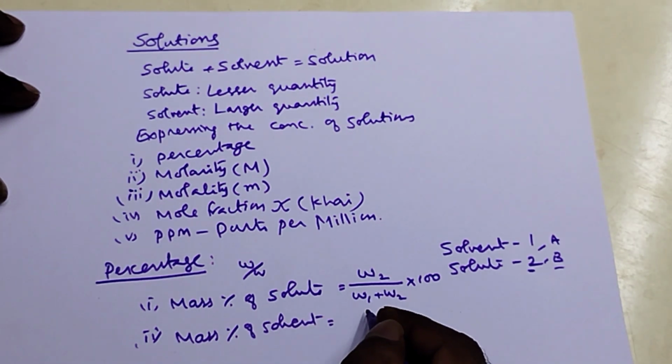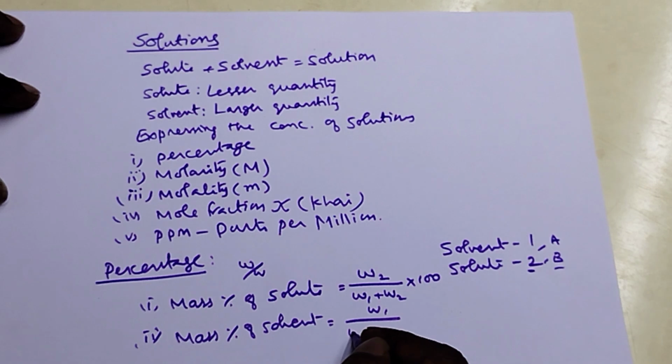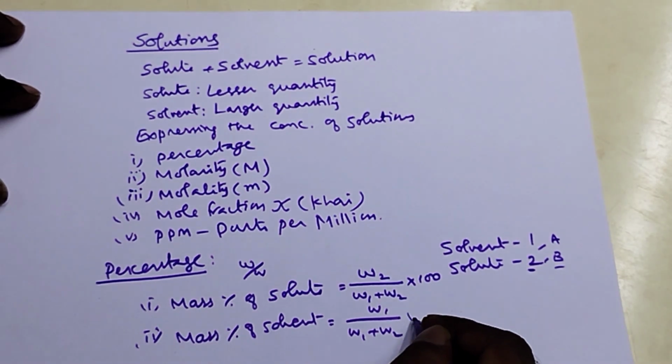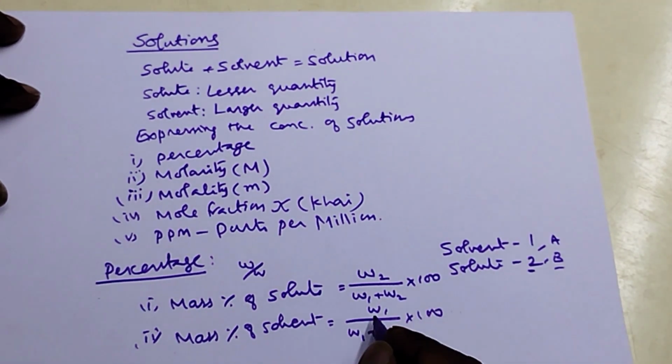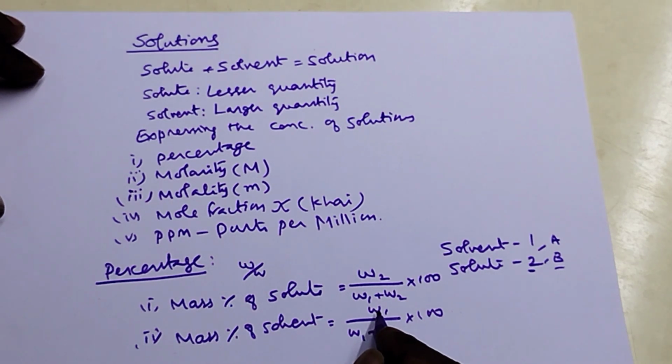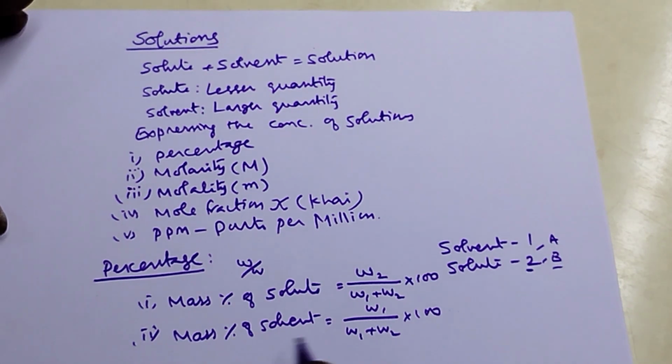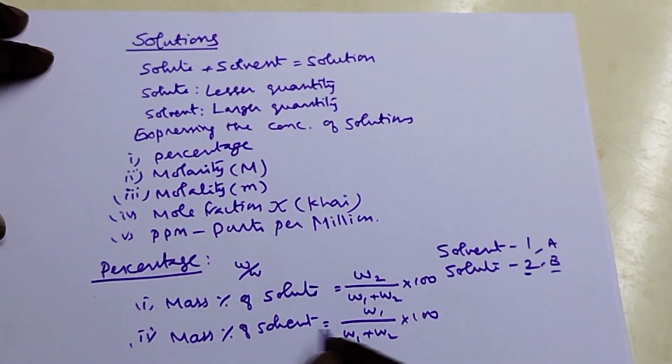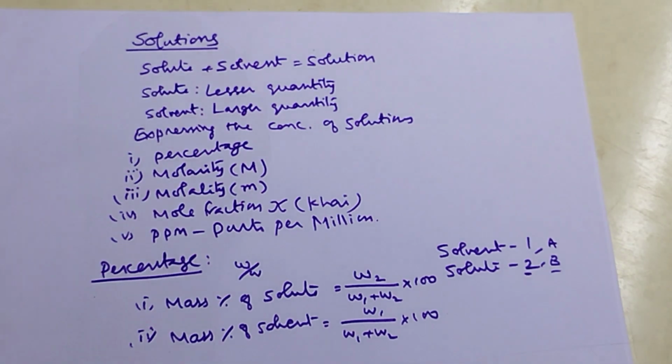How can you find this? W1 by W1 plus W2 into 100. In words, mass of solvent divided by total mass of solute and solvent, into 100. That is the method of finding the mass percentage of solvent.